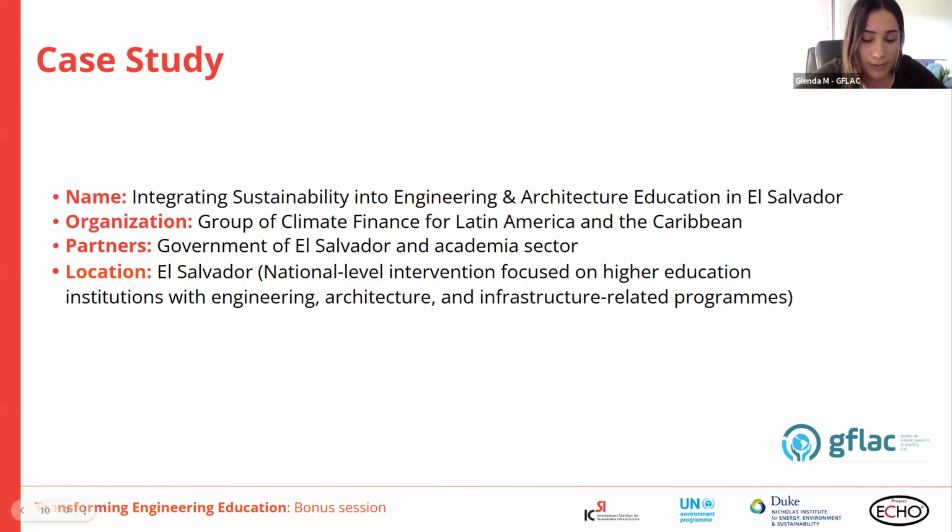And with the government of El Salvador and the academia sector, in fact, we have some colleagues here from the academia from El Salvador. And the objective is not to simply update courses, but to address structural gaps in how future engineers and architects are trained, but also the practitioners from the government and different institutions that carry on activities related to infrastructure in the country.